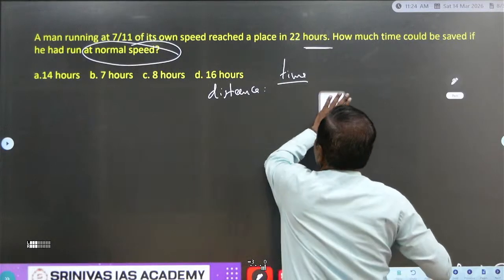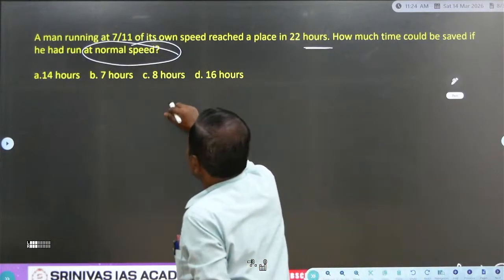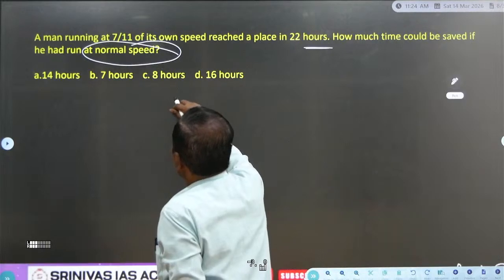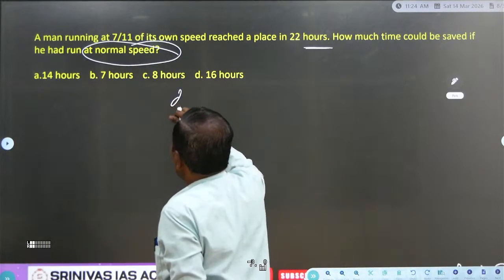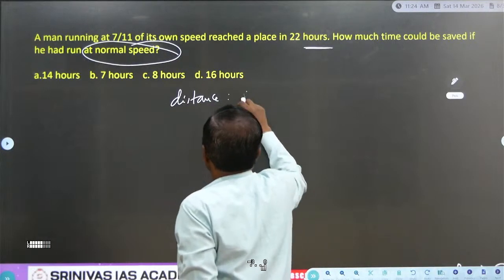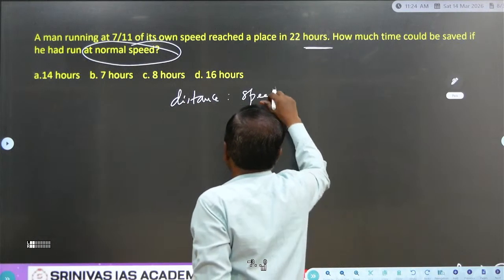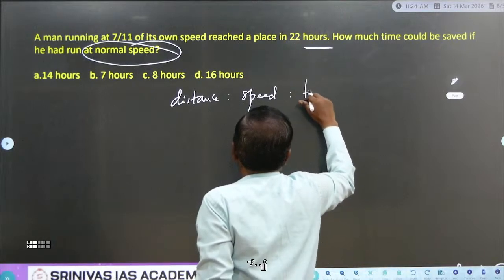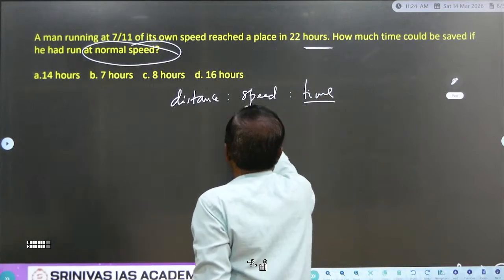Instead of writing it like this, you can write distance is to speed is to time. Let us keep these things.